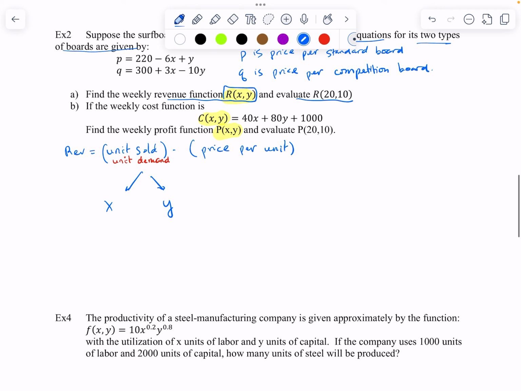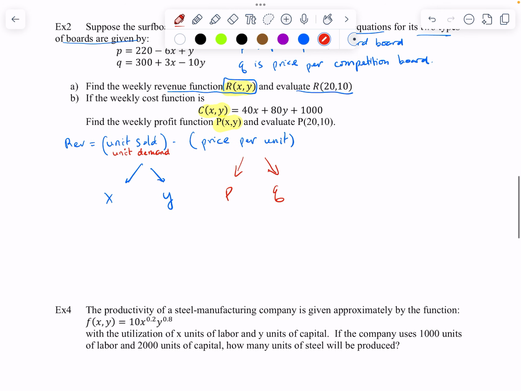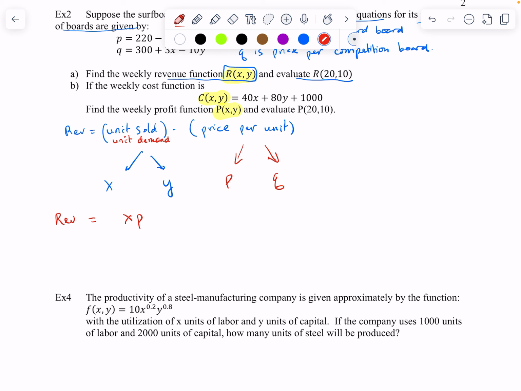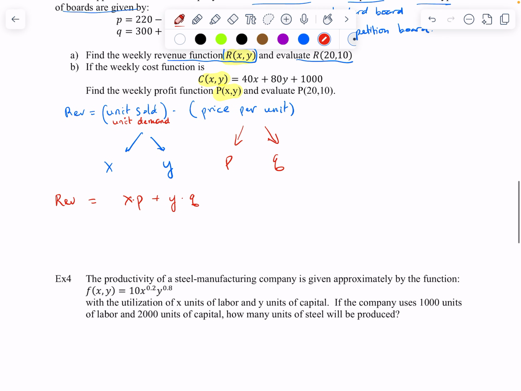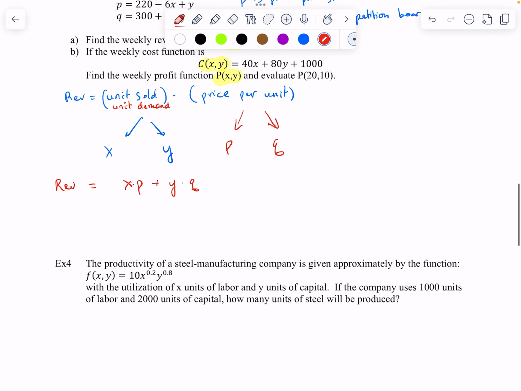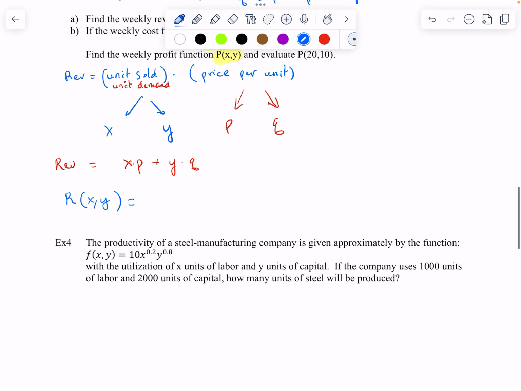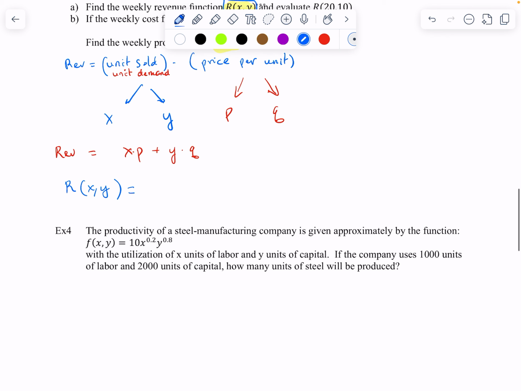And then for price per unit, we have the price per X board is P, and the price per Y board is Q. So we can now rewrite our revenue function as X, the number of units sold for the standard surfboards, times the price per board, plus Y times Q. That will become R of X comma Y using formal function notation.